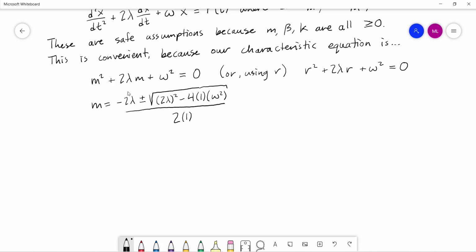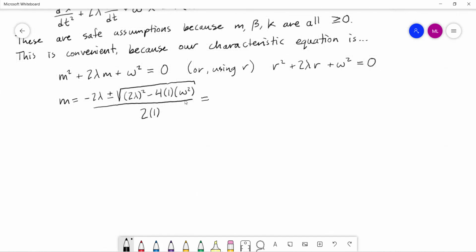By design, making this have a coefficient of 2, I'm going to be able to cancel with this 2 down here. And it'll also be nice because I'm going to have a 4 in here and a 4 here that I can use to do some additional cancellation. So all of this looks a lot nicer when we actually write it all out. I'm going to have negative 2 lambda plus or minus the square root of 4 lambda squared minus 4 omega squared, whole thing over 2.